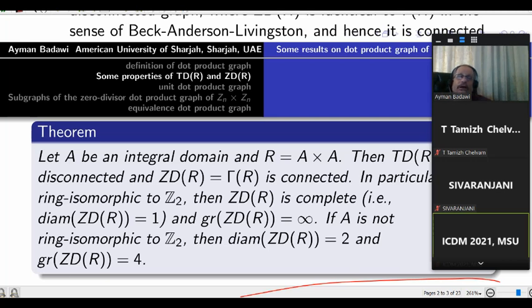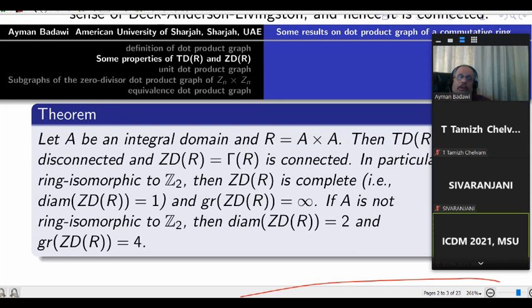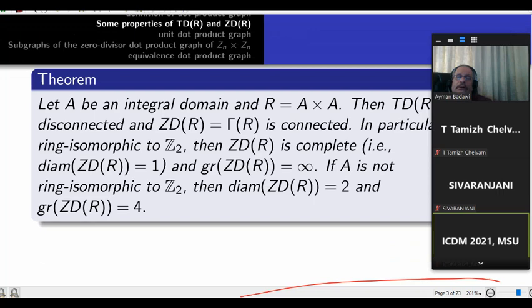If A is Z2, then the zero dot product graph is complete. If A is not ring isomorphic to Z2, then the diameter will be 2 and the girth will be 4. Okay.